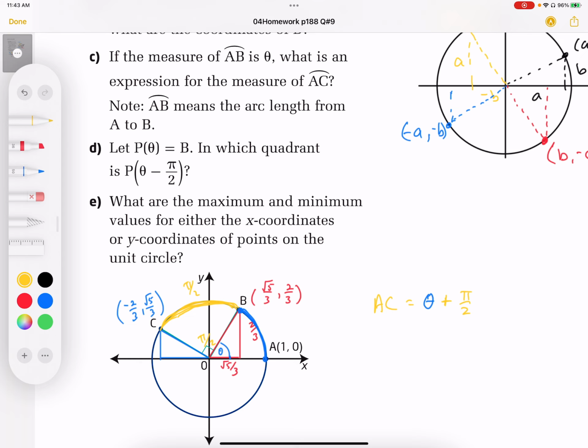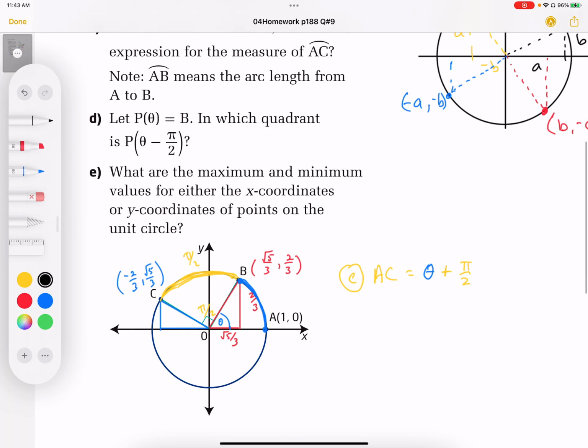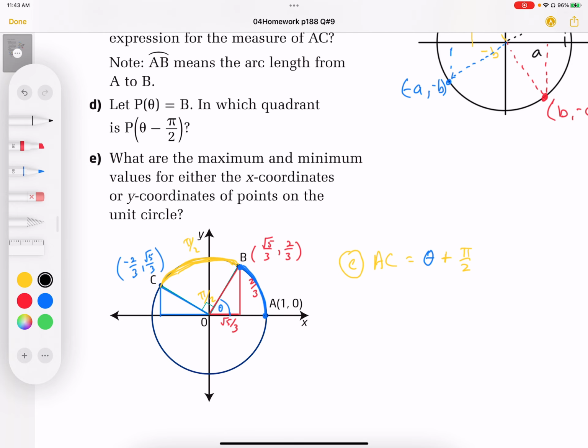Part D, so this is part C, I'll just label that. Part D says let P of theta equal B. So the position of the angle theta is B. In which quadrant is the position of theta minus pi over 2? Well, for theta minus pi over 2, I start with that position B, and I'm going to go backwards 90 degrees.